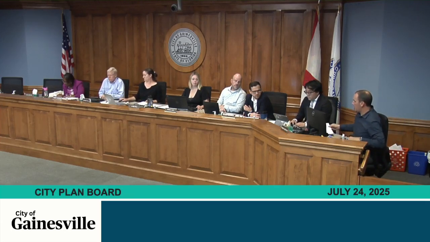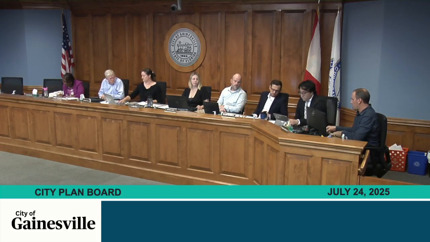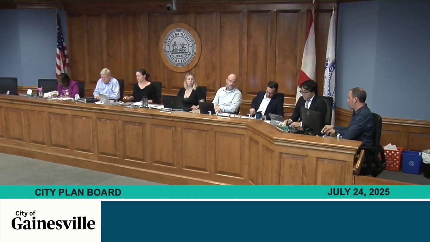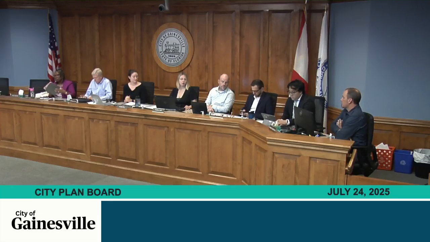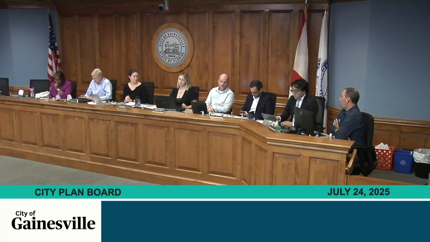Thank you, Chair. At the direction or request of the plan board, staff has gone back and looked at the attendance record and wants to report back to you our findings. The existing ordinance states that 2 absences over a 6 meeting period means an automatic removal of plan board members.